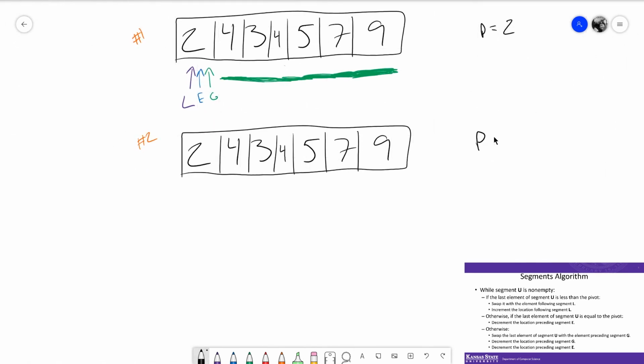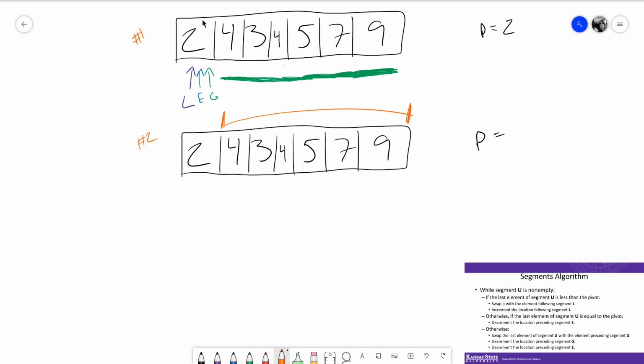Our pivot in this case is going to be what? Well, we know 2 is in sorted order, so the segment that we're actually concerned about here is this right here. This is the segment that we're actually sorting.